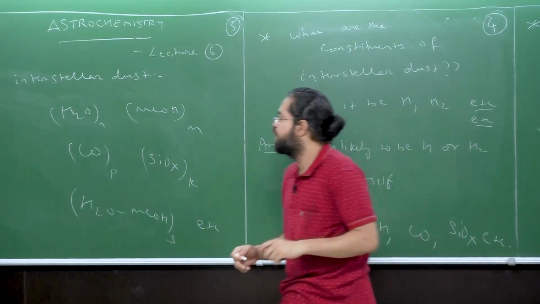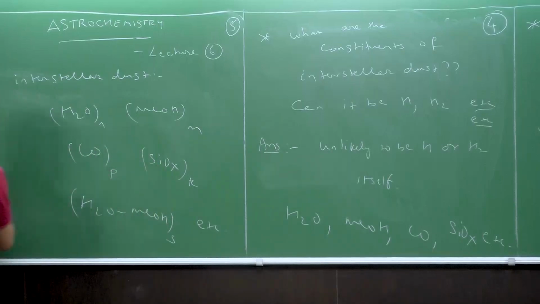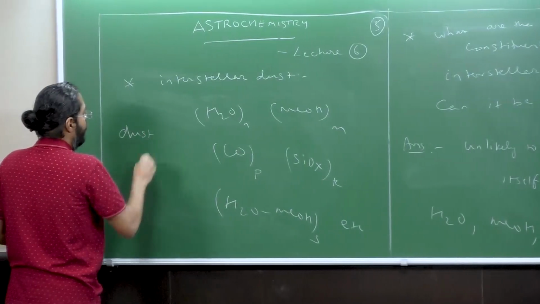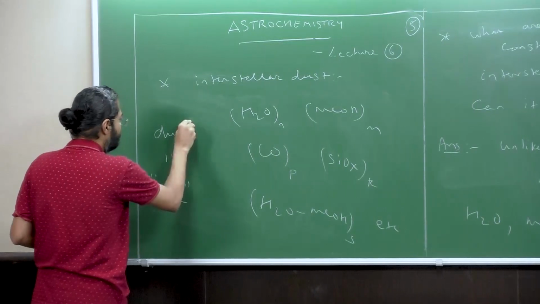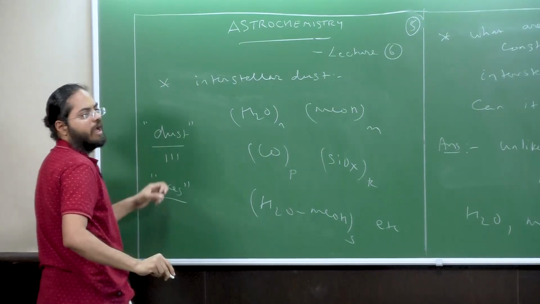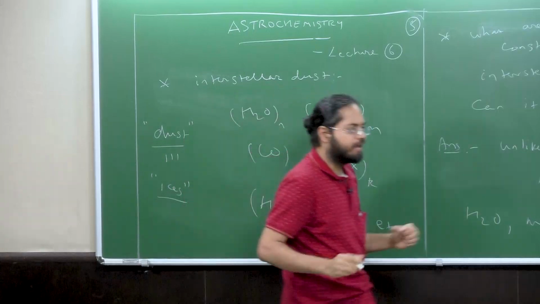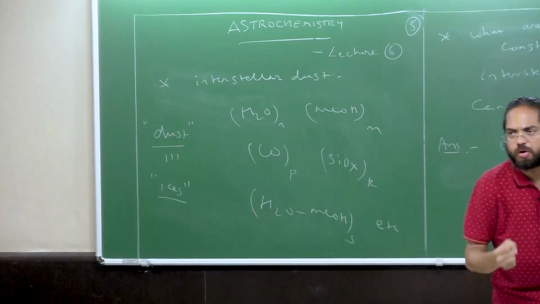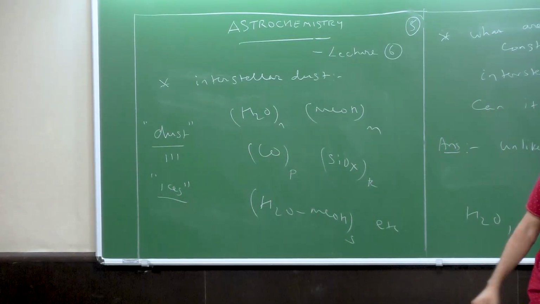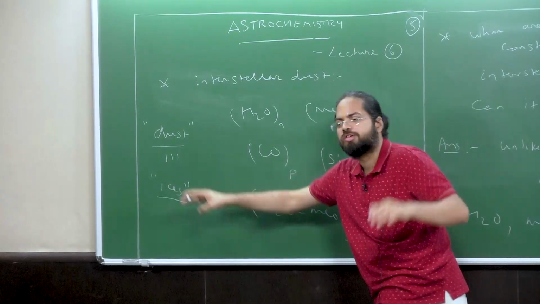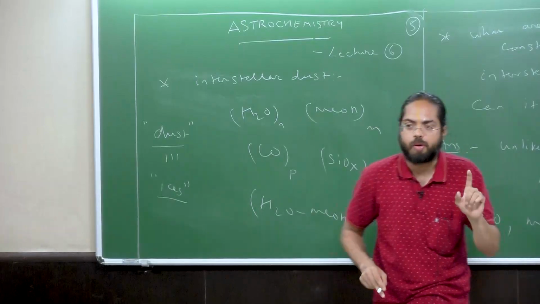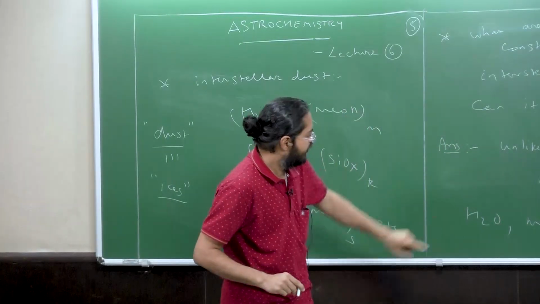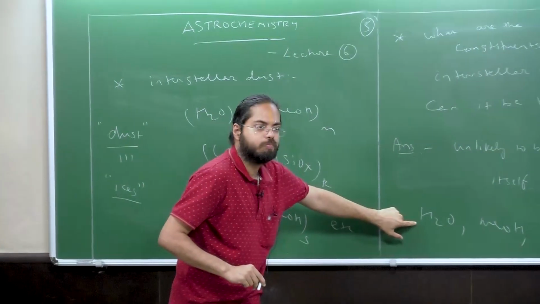All right. The dust is also called interstellar ices because the temperature in the ISM is very cold, and all these molecules are bound together by weak interactions. So they're also somewhat synonymously called interstellar ices. Now note a key chemical point. You have H2O.